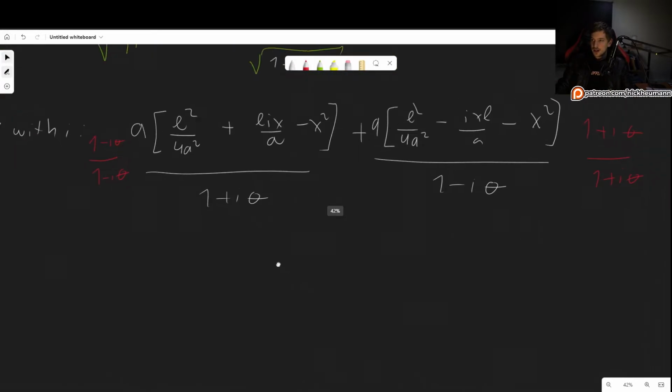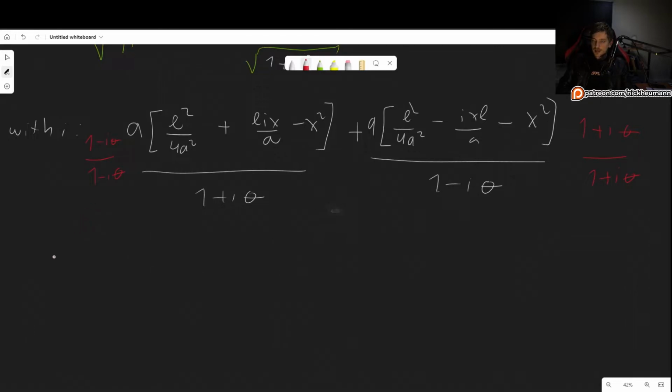Okay, so let's do that, and of course factoring out a. Now, multiplying here, the denominator is simply going to be 1 plus theta squared. So here we get L squared times 1, so L squared over 4a squared. Then we get minus L squared i theta divided by 4a squared.